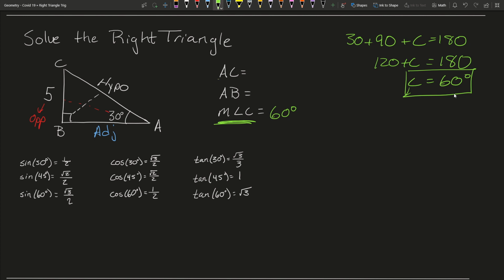Then we can solve for AC. AC is this hypotenuse, and we are given the opposite side. So we have an angle, our opposite side, and our hypotenuse. In order to solve for the hypotenuse, we need to set up an equation.